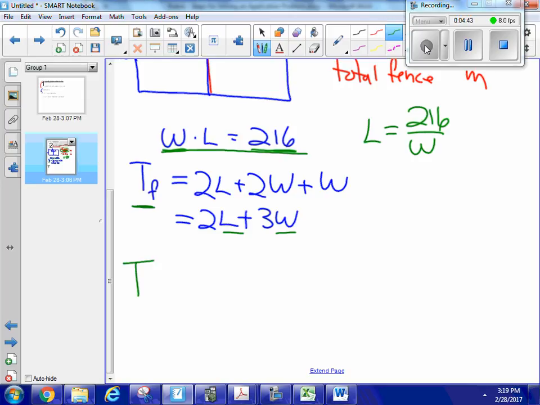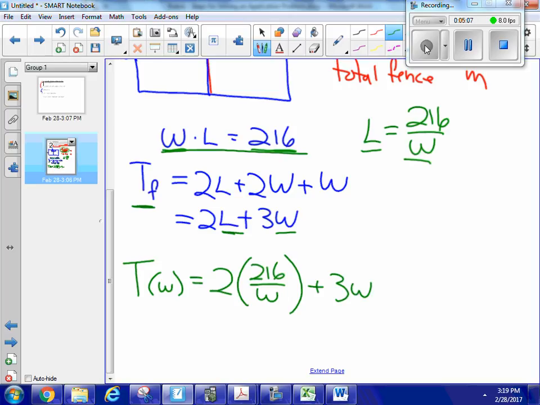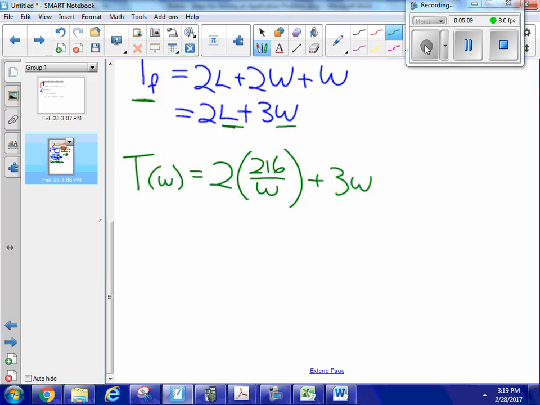The total amount of fence as a function of W is going to be equal to 2 times 216 over W, substituting this for the L right here, plus 3W.